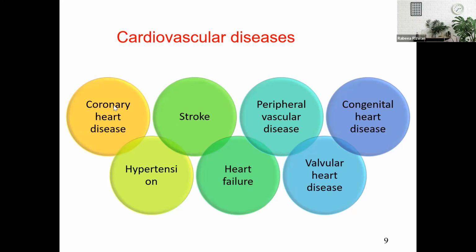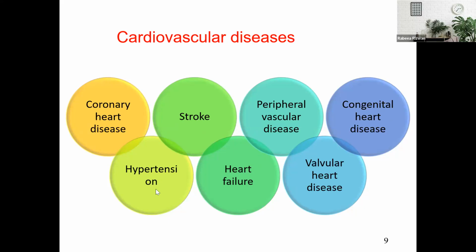Then the stroke, cardiac ischemia, that means the stopping, inhibiting, obstruction or occlusion of the artery that supplies blood to the heart, thus resulting in ischemia that may be fatal, towards death or a heart attack. That is called heart failure.